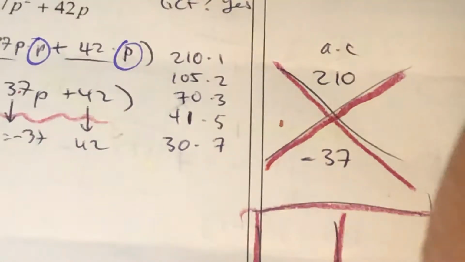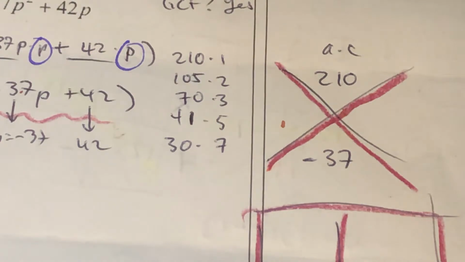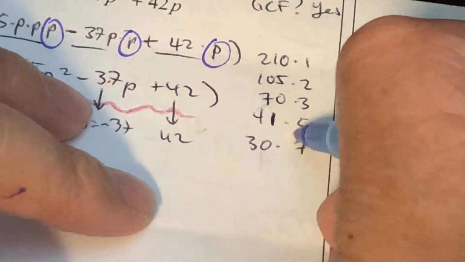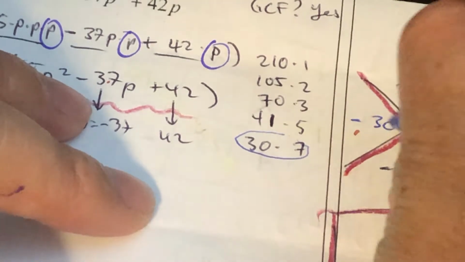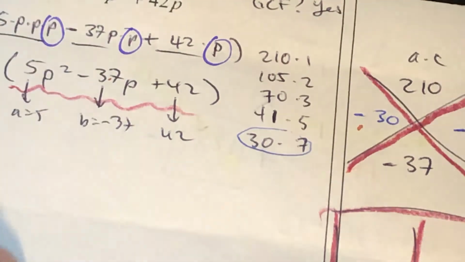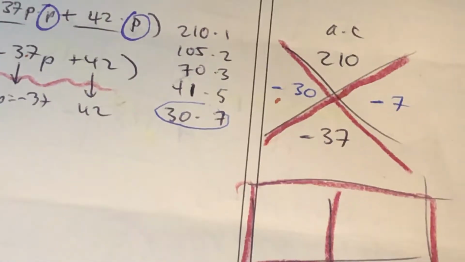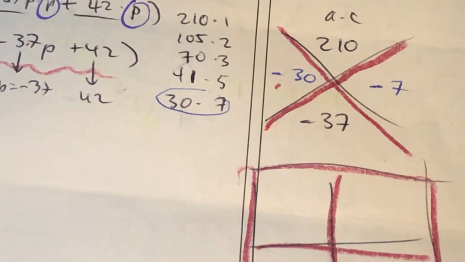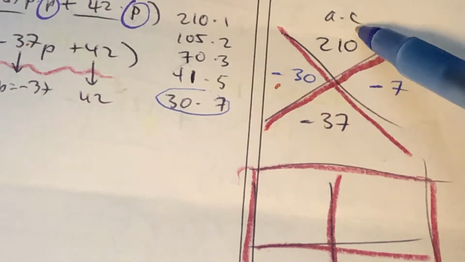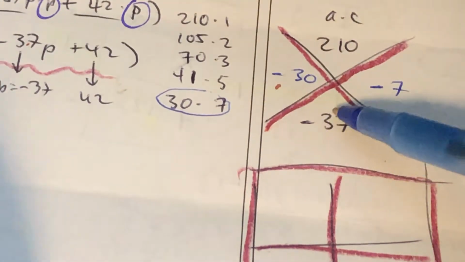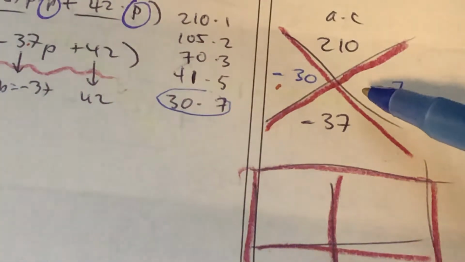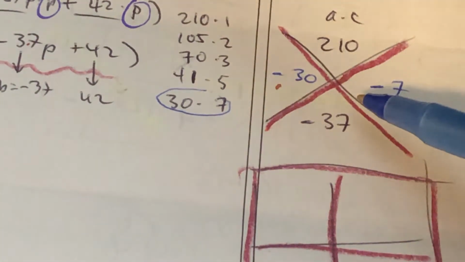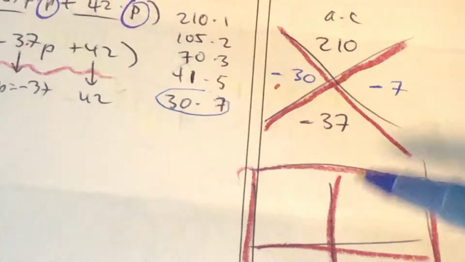Let's see if that works. I think that's enough, right? Let's see. These two numbers, if I make them both negative, let's see if that works. Because if I multiply, it gives me positive 210, and if I add those together, that will give me negative 37. So let's try it.